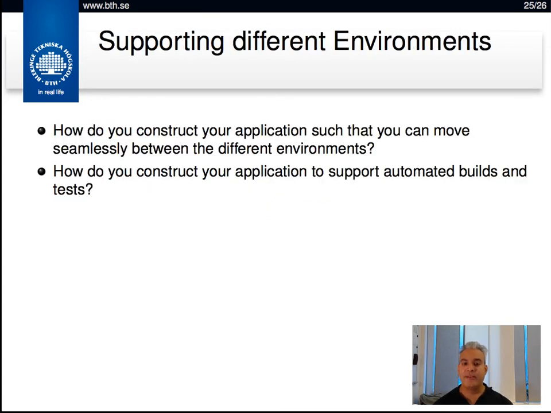Also related to this is how do you support these different environments? How do you construct your applications such that they can be deployed into the test environment, into the staging environment, or into the full deployment environment seamlessly, preferably with a one-click solution? And how do you construct your application so that you can run automated builds and tests in a quick and easy way?